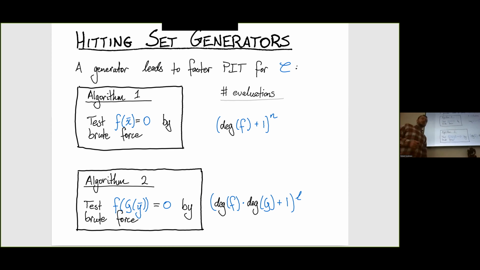So what you should see is that if the generator has small degree and L is noticeably smaller than n, I've made a big improvement. I went from something exponential in n to exponential in L, and the hope is that L is going to be smaller. So this is the recipe for taking these hitting set generators and converting them into algorithms for PIT.